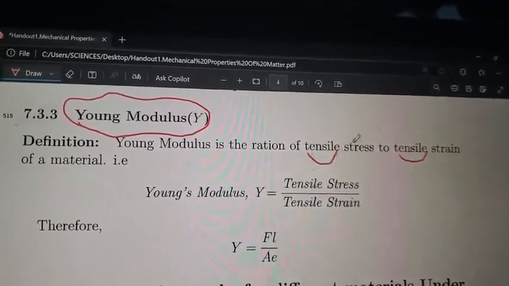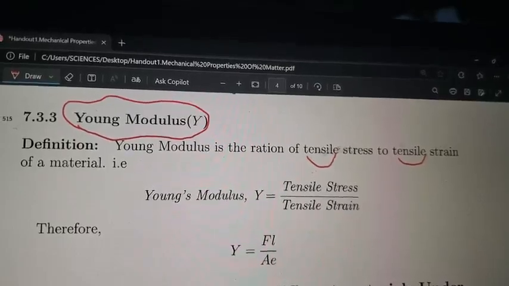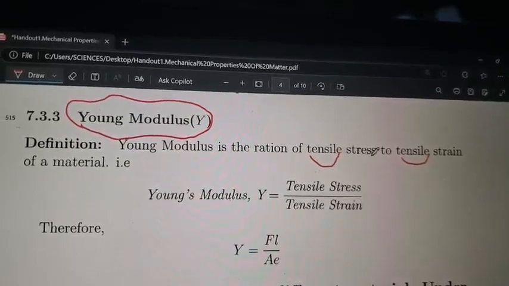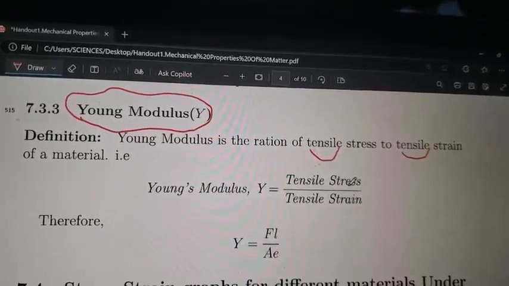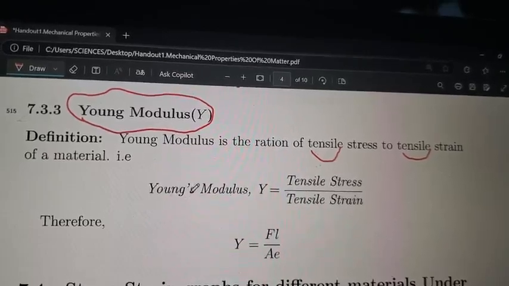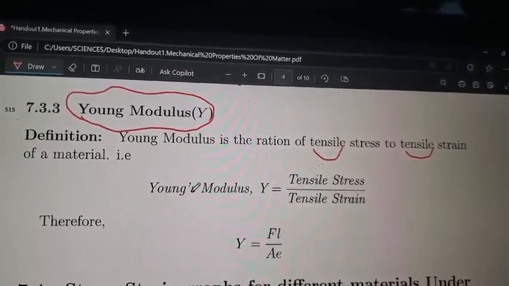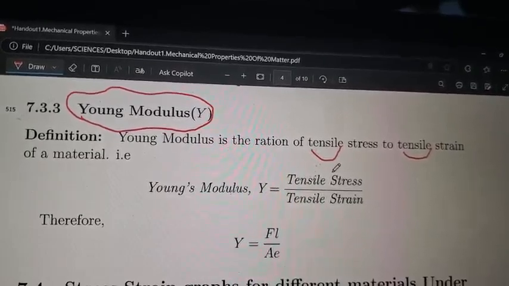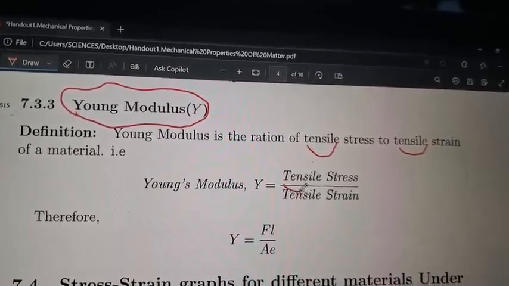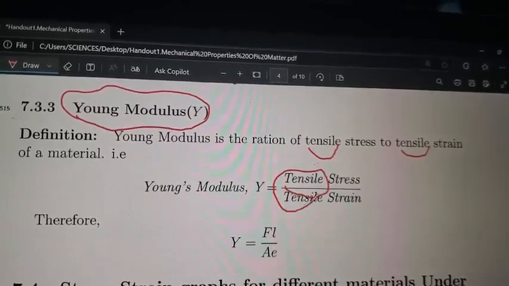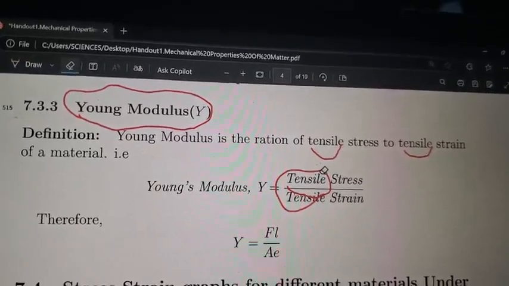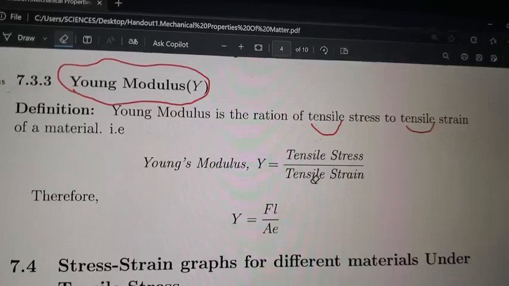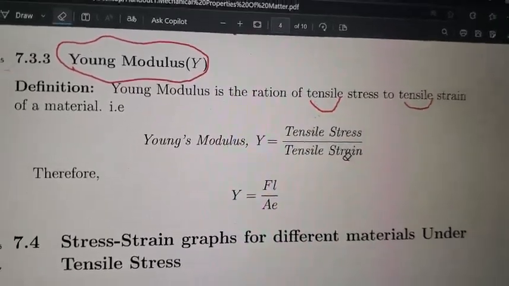If you forget this word tensile and you just say it is the ratio of stress to strain, you are wrong. That is going to be a different thing, none other than Young's modulus. When you define Young's modulus, we look for this. We shall mark you wrong when you miss this word tensile. So it is a ratio of tensile stress to tensile strain.